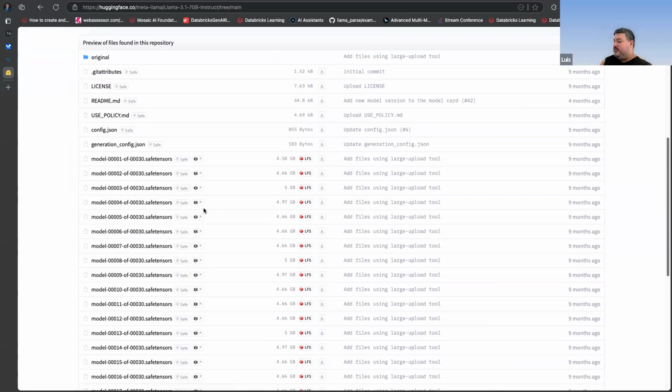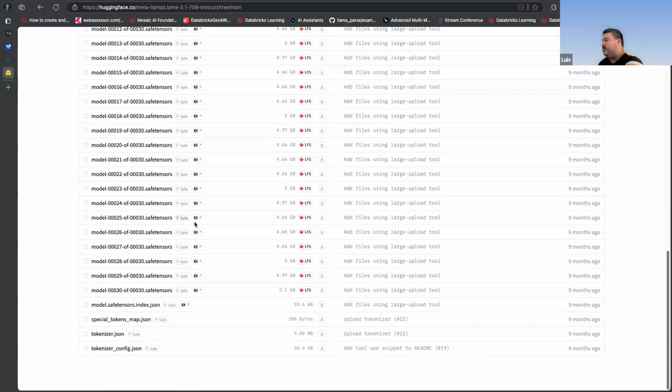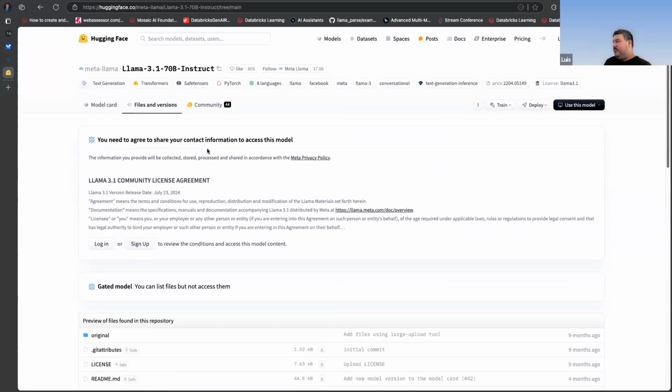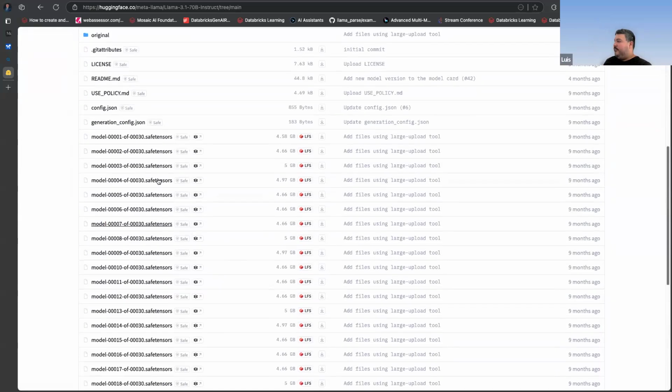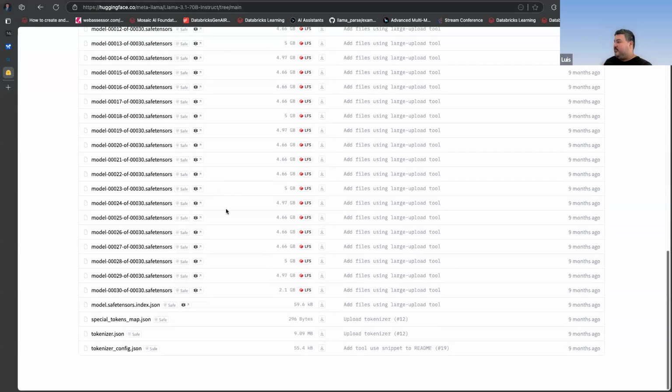So if I do 5 times 30, that means just to download this 70B model I need 150 gigs. That doesn't include the space I need to load it, optimize it, run it, etc.